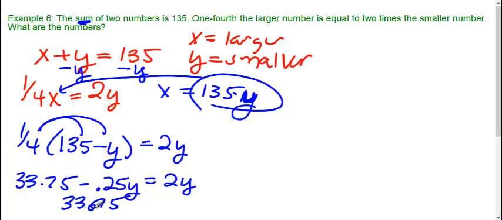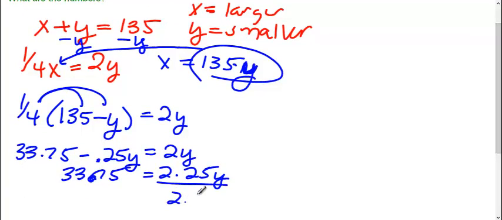So when I add it, I get 2.25y. And lastly, we divide by my 2.25. Therefore, we get y equals 15.